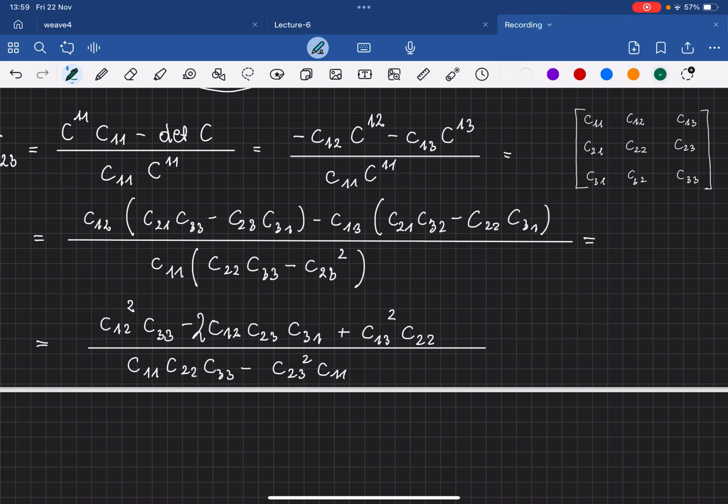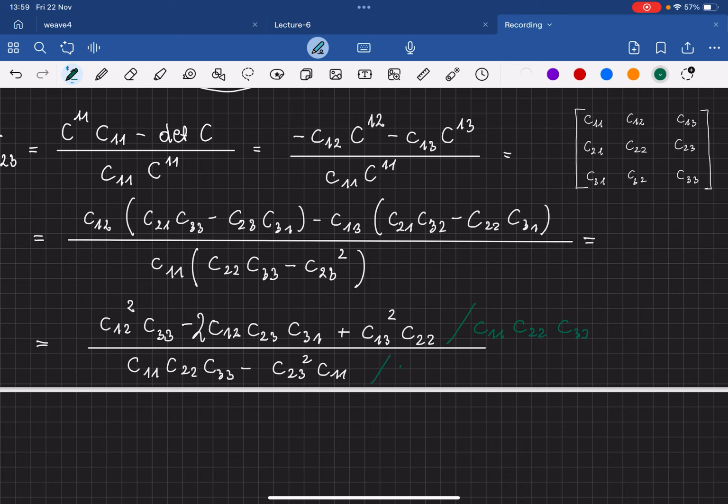So what we do next, we divide the numerator and denominator by the multiplication of the 3 variances, which are here. So I divide this by C11, C22, C33.